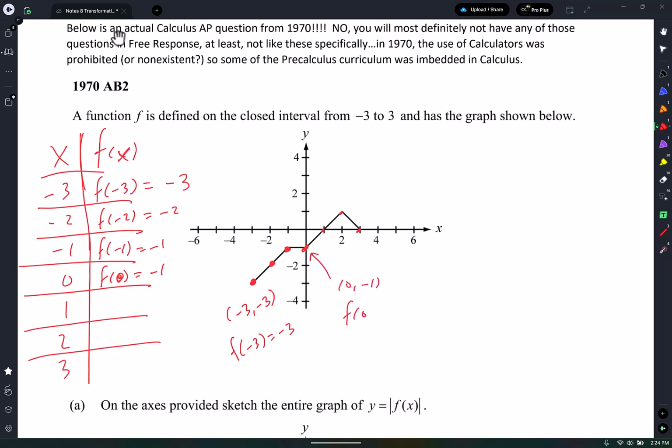F of 1 is 0, f of 2 is 1, and f of 3 is 0. Have I confused anyone? Everything pretty straightforward, right? Okay.